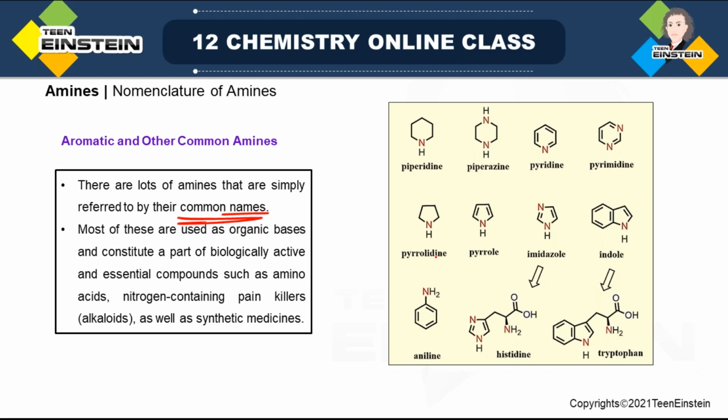And all these molecules that you are seeing here, they are used as organic bases and constitute a part of biologically active and essential compounds. So just consider any biological molecule which is normally very large in structure, complex structure, and in any part there may be this type of fragment. So that is why it is written as constitute a part of biologically active or essential compounds.